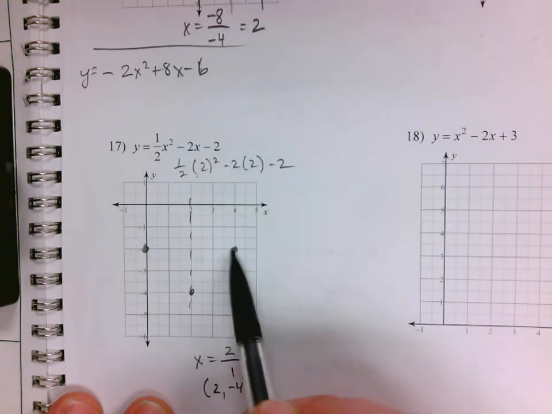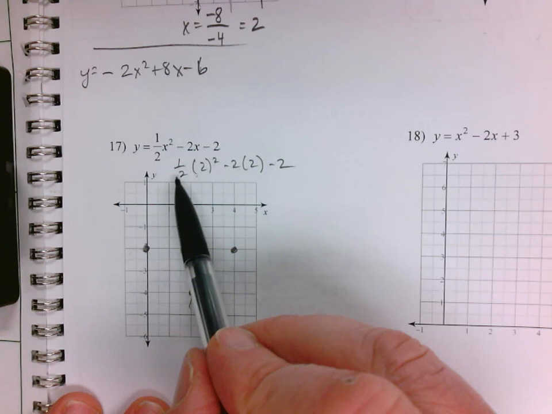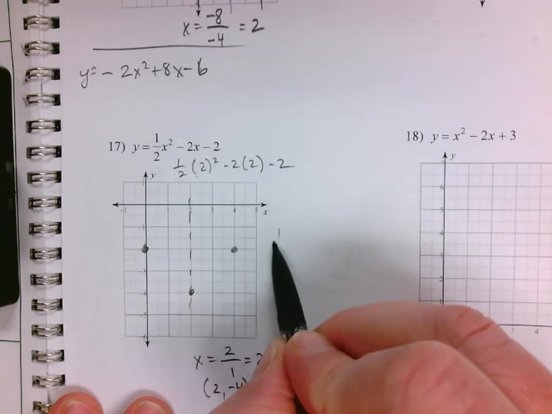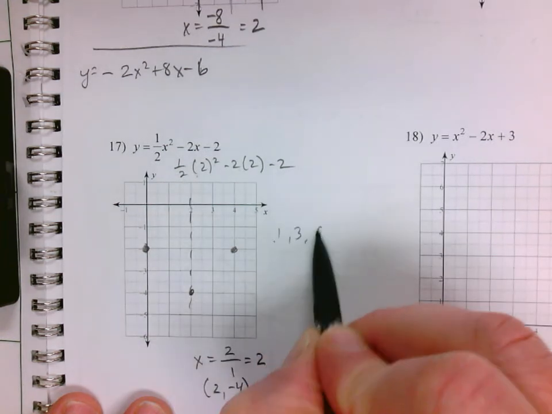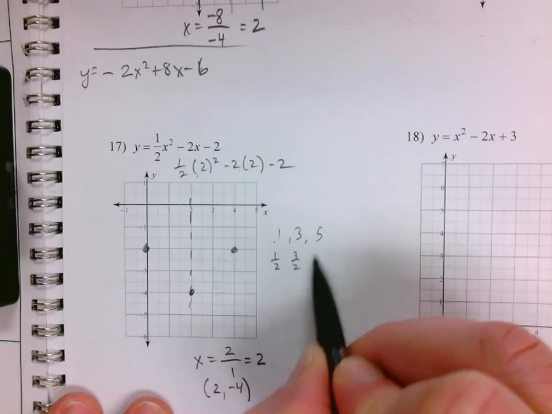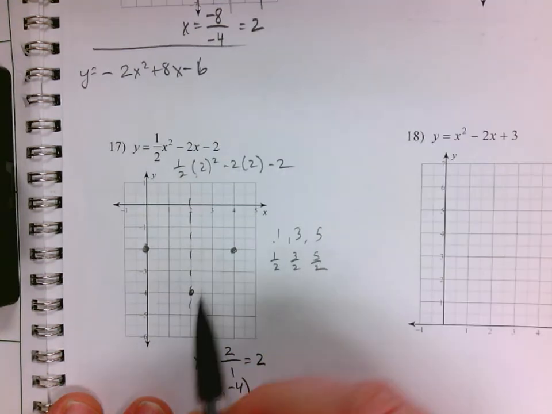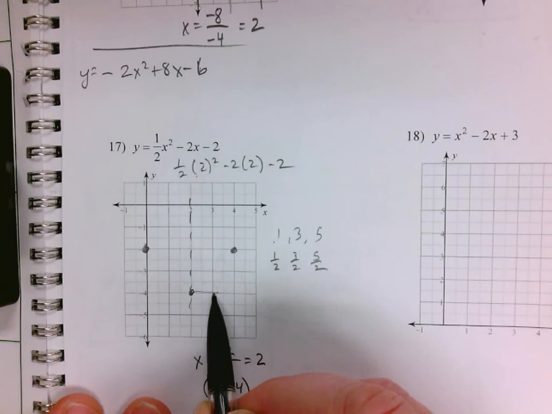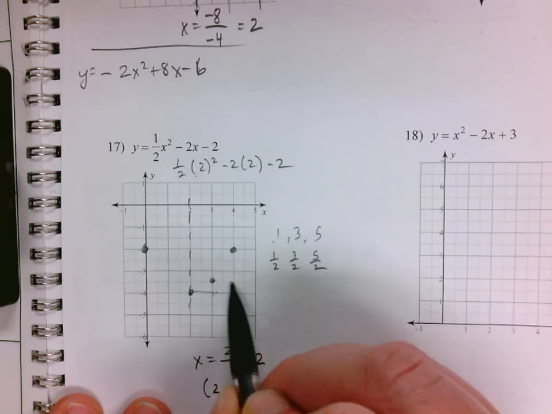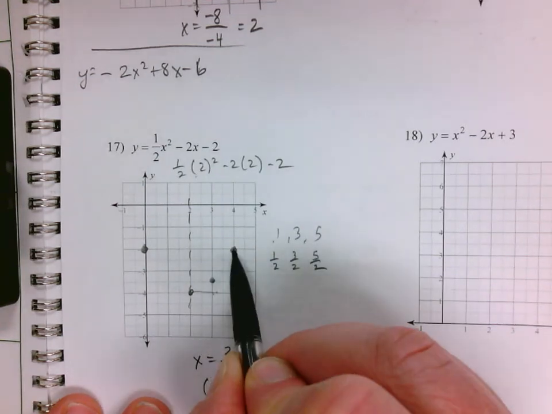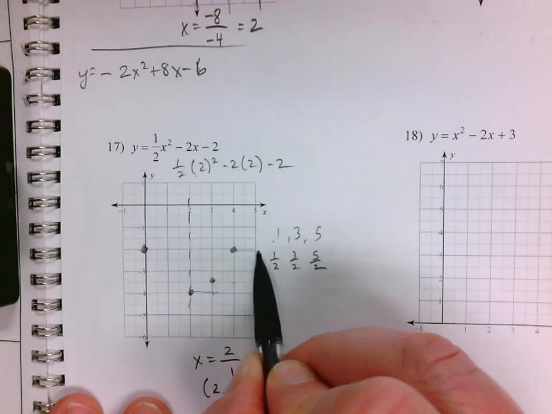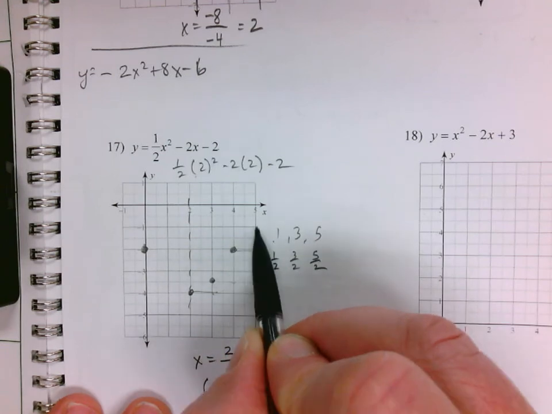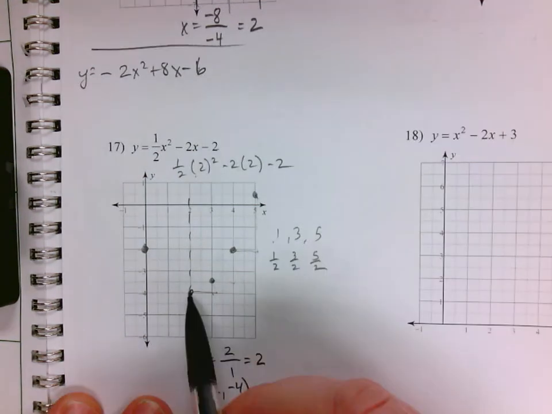Instead of 1, 3, 5, I'm doing 1/2, 3/2, 5/2. So over 1, up 1/2, over 1, up 1.5, and over 1, up 2.5. Over 1, everything else just has symmetry.